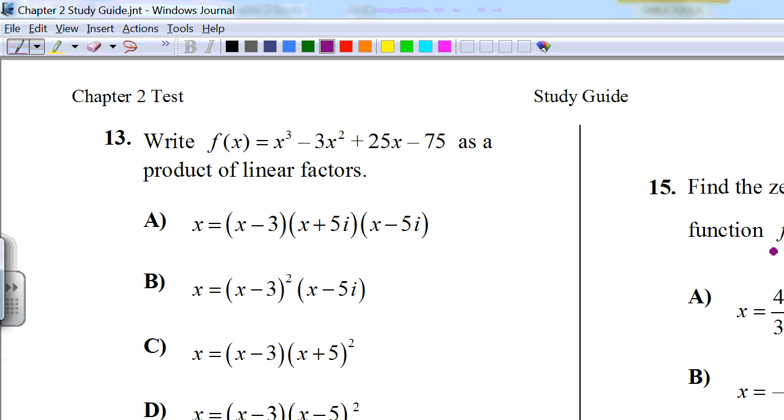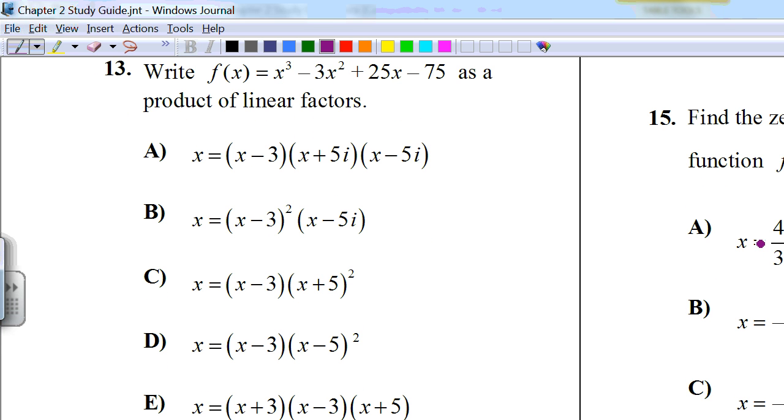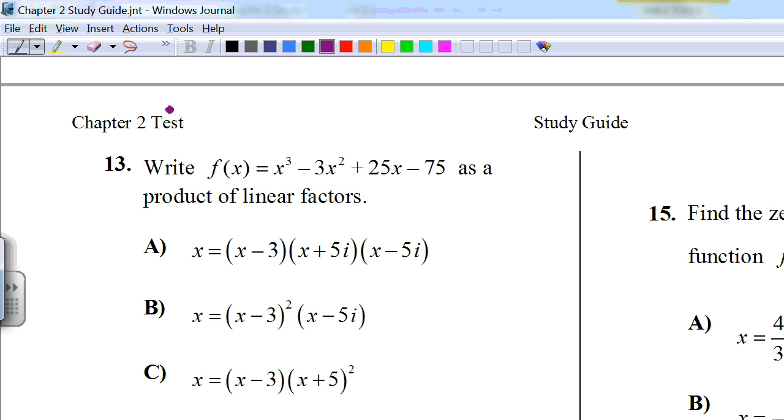We'll do 13 and then 15. Write this function as a product of linear factors. So we have to factor this thing. If we look at this, we can see if we factor out an x squared, we get x minus 3.